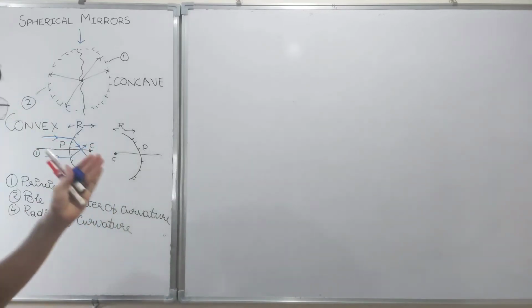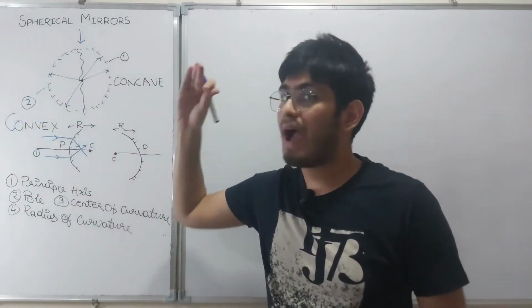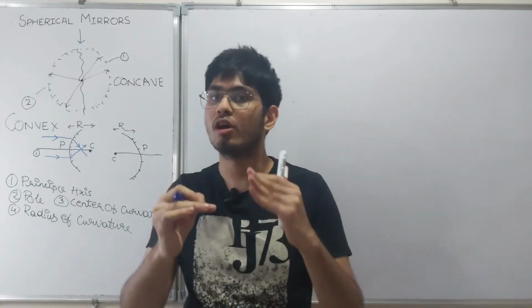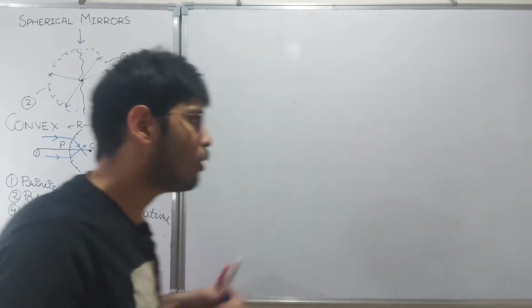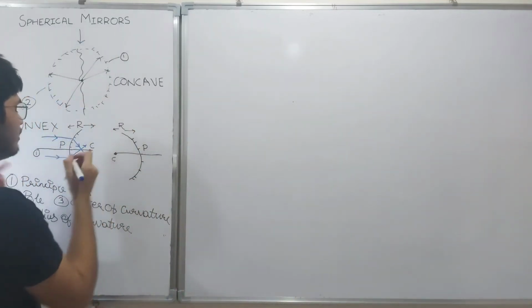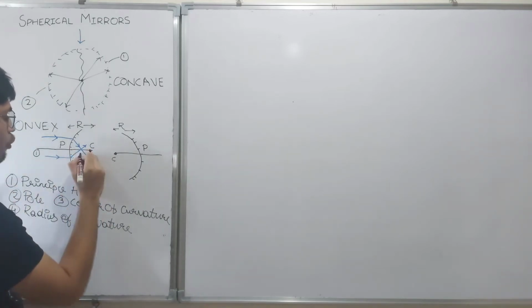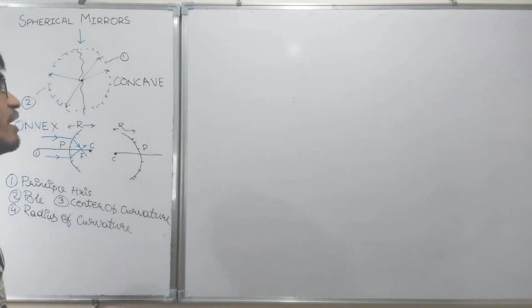The rays of light which are passing parallel to the principal axis will always pass through the same point. This particular point is known as the focus, which I am representing by capital F.